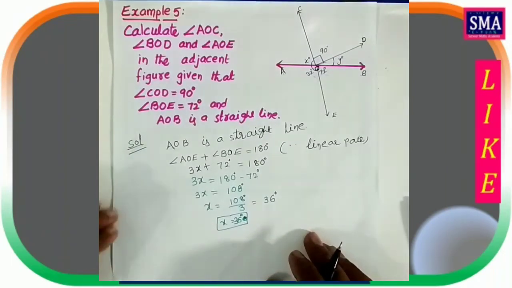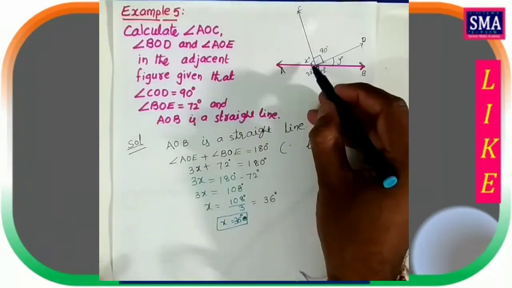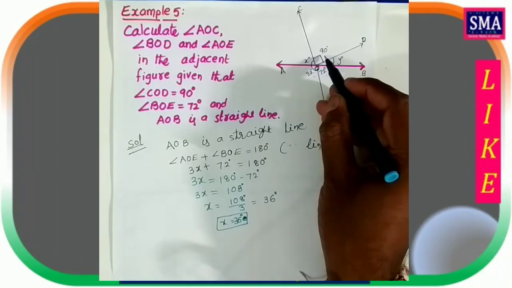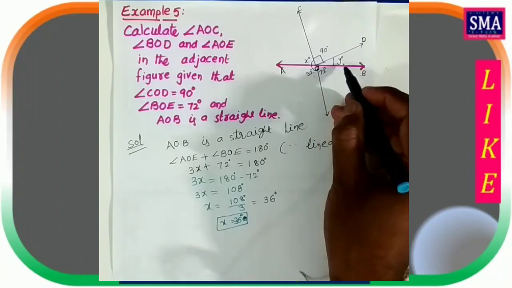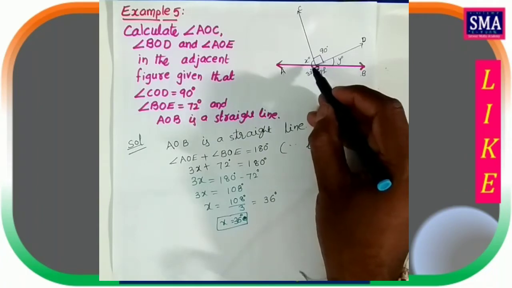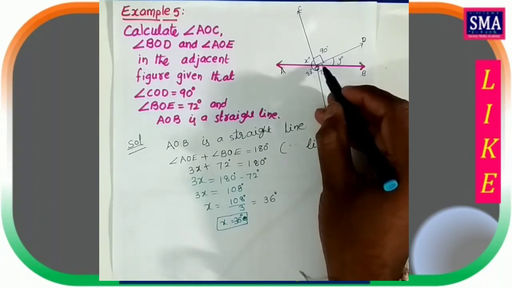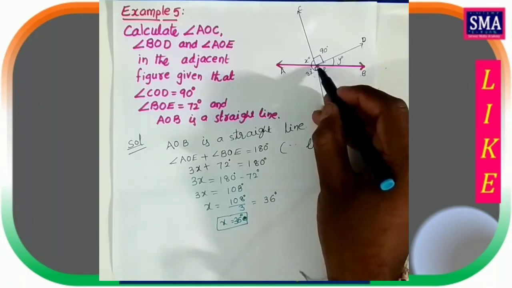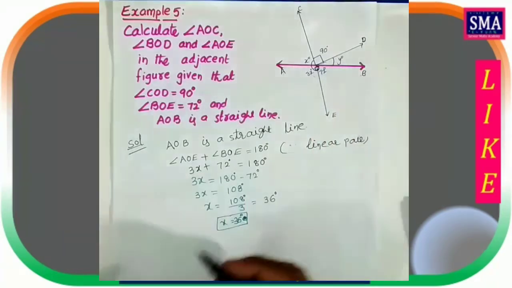Okay. Next, the above three angles: x degrees, 90 degrees and y degrees. The sum of these three angles at a point on the line is equal to 180 degrees.